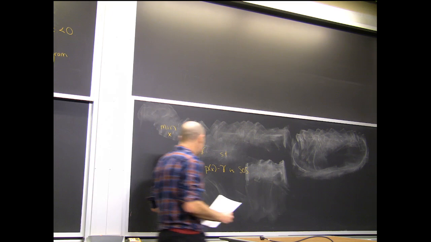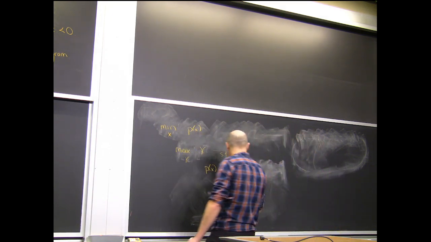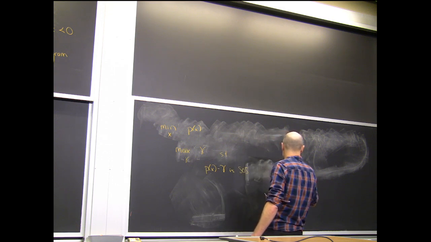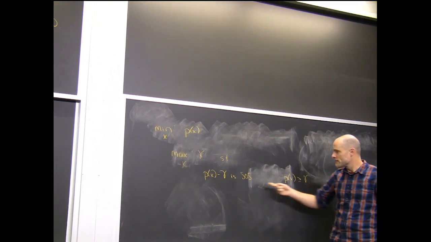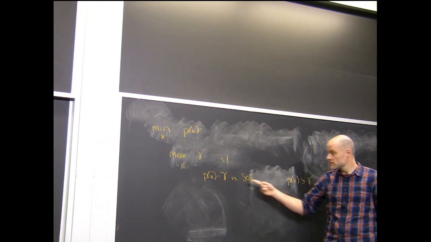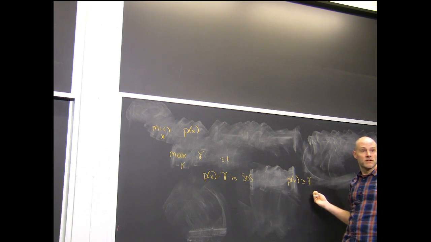So think about what that is doing. This is similar to saying p of x is greater than or equal to gamma. I've just moved it over. I say similar because sums of squares is not exactly identical to being greater than or equal to 0. It's basically saying that, and then I push up on gamma, maximize gamma.